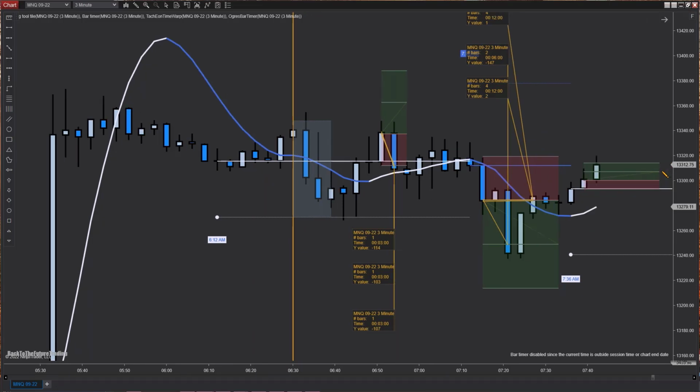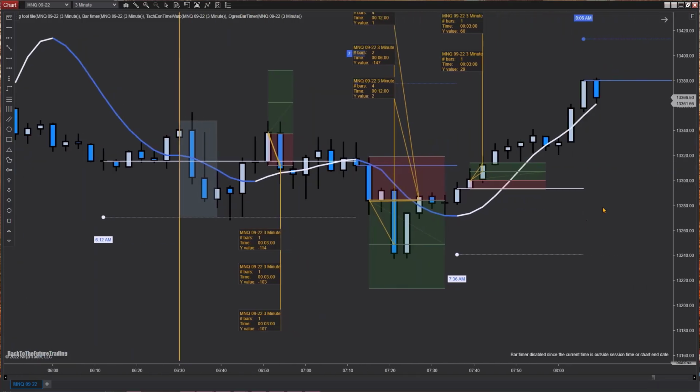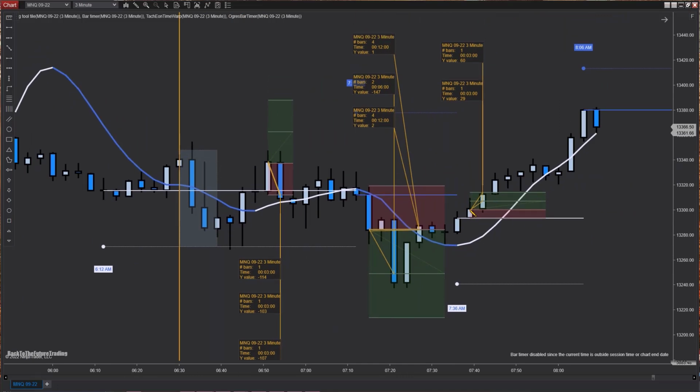Tiny little sucker there. Oh, target 1, target 2, target 1, and target 2. And our runner got to run on this one. That's why I have the runner on there. Runner runs all the way up to here, making sure we did not get stopped back out at break even.